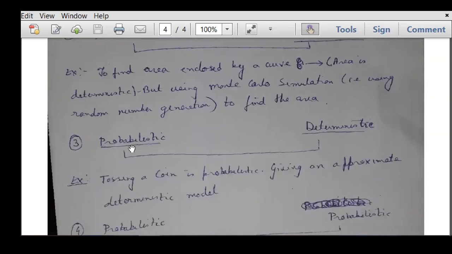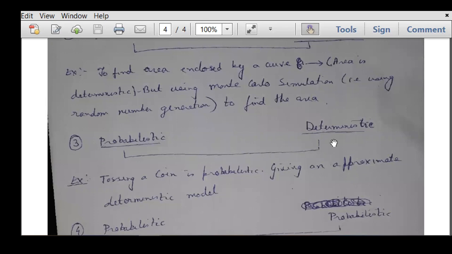And similarly, it can be probabilistic, and you are using a deterministic procedure to tackle the problem. For example, you are tossing a coin, so that is a probabilistic event, we know, but we can use a suitable approximate deterministic model to generate the data which we are getting in a coin toss experiment. So here the real life situation is probabilistic, but the model you are using is deterministic.